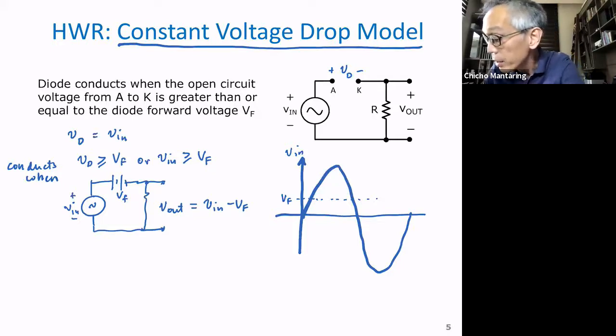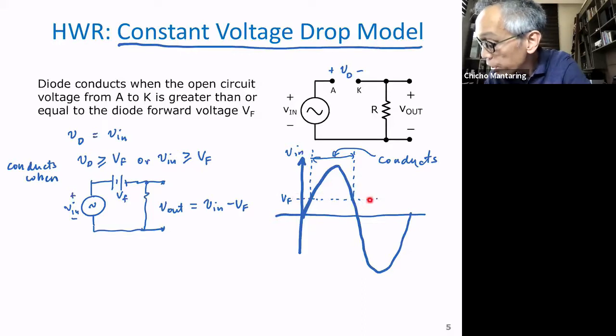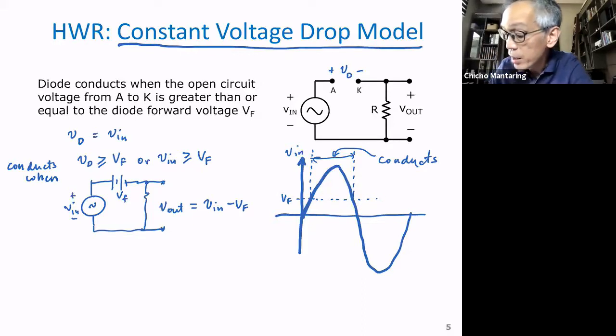So let me indicate that here. So from here to here, it conducts. And what is your output? Your output is this curve, okay, minus a constant which is V sub F. Yan yung equation na to eh, V in minus V sub F. No?